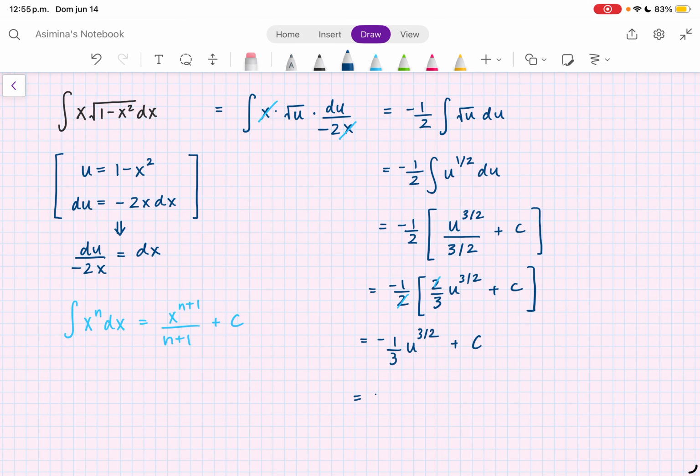This is really minus 1/3. u was 1 minus x squared, so this is 1 minus x squared raised to the 3/2 plus c. And now we are done. This is our final answer for the integral of x times the square root of 1 minus x squared dx.